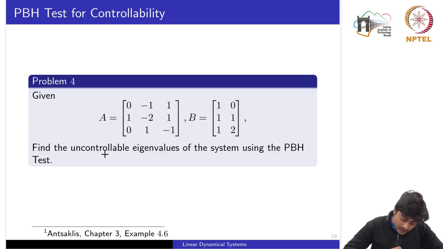So we want to compute those eigenvalues for which the system is uncontrollable, in the sense that if we follow the PBH test, and since the PBH test includes the eigenvalues, we could compute explicitly for what eigenvalues our system is controllable and what are the uncontrollable eigenvalues.